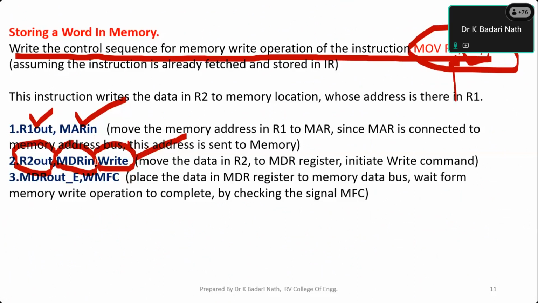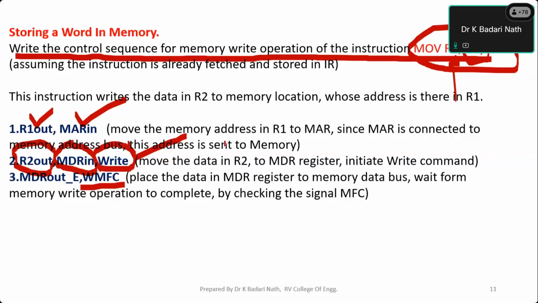So instead of writing in the second clock cycle, we are writing in the third clock cycle. In the third clock cycle, whatever we have written into the MDR in, we now open up as MDR out to the external data bus, and we are waiting for the memory function to complete. We may feel that we can do this in the second clock cycle, but it cannot happen, because first I have to place R2 onto the MDR register.